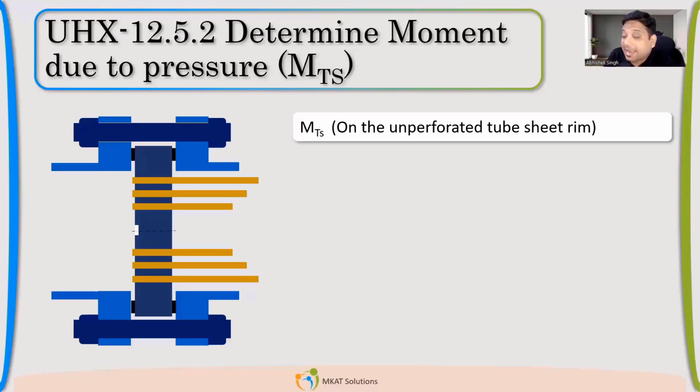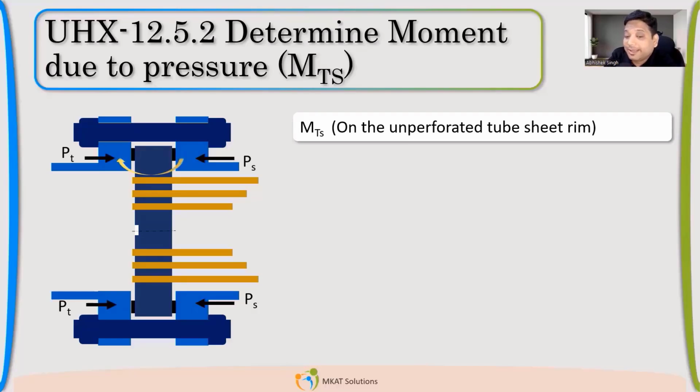That we'll see. That is the calculation of MTS. MTS is basically the moment coming on that portion because of the loads. Now here the load is not because of the gasket, the gasket reaction load coming because of bolt load.